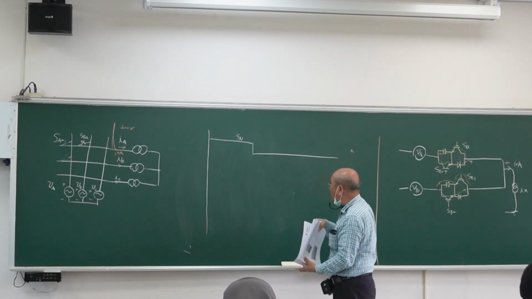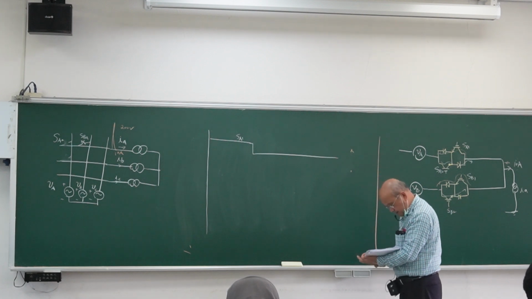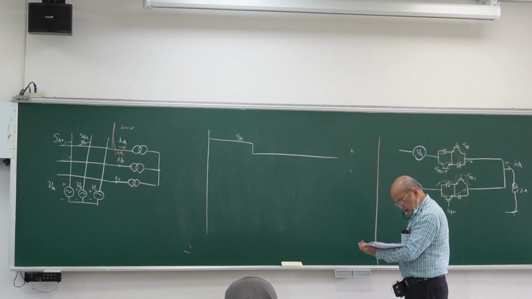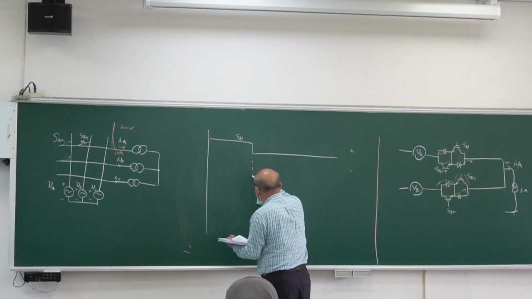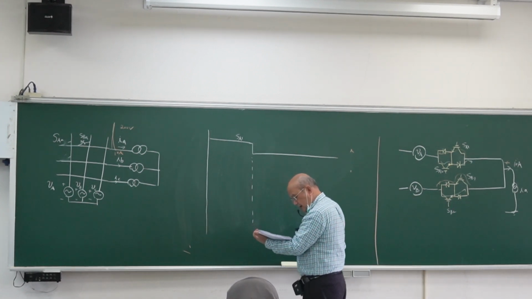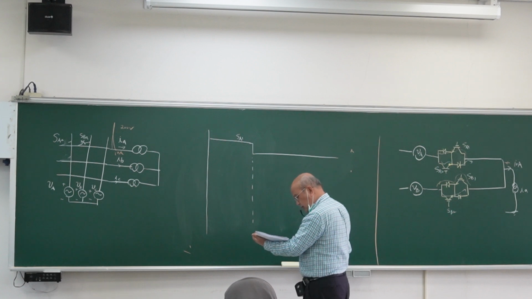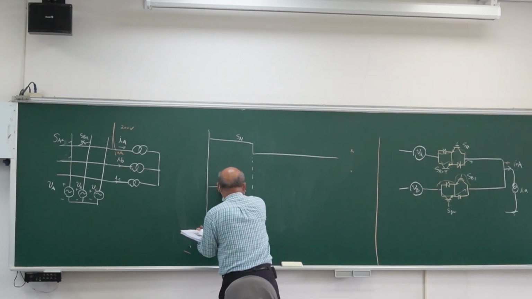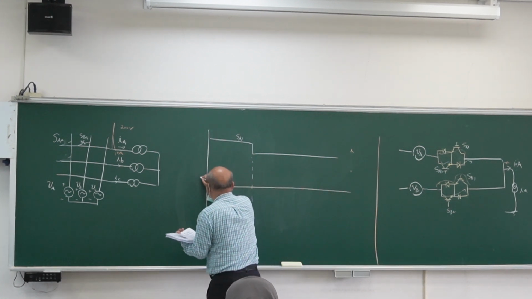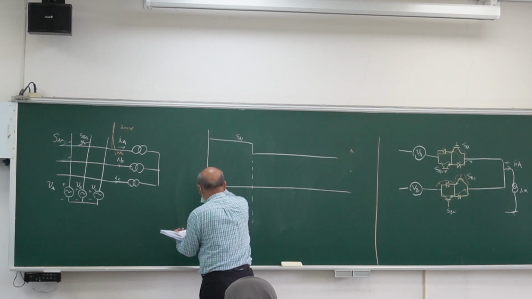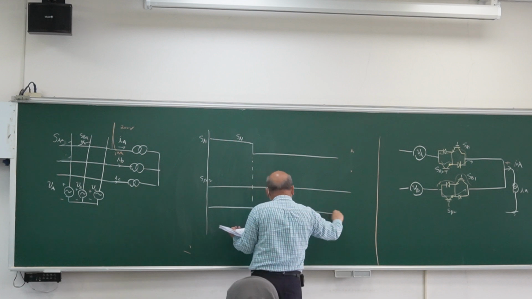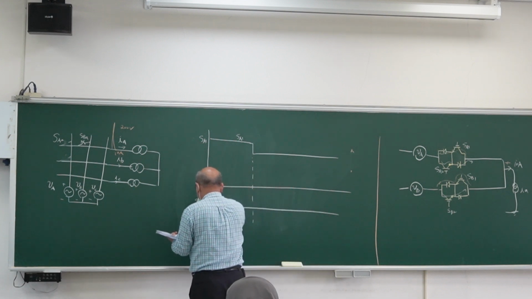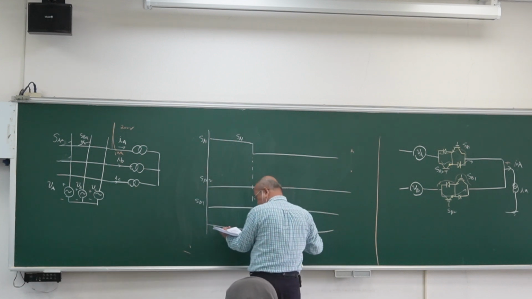So SA1 turns on, and again turns off. Then we can see this one. And SA2 turns on. SA1, SA2. Then we have SB1. And we have SB2.